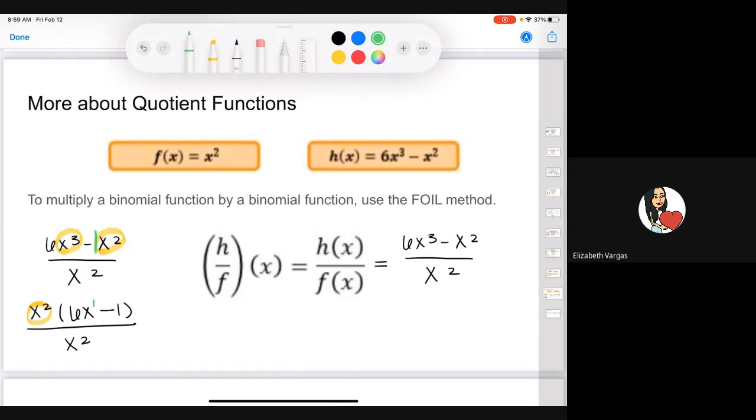But remember, that's not all I have to do. Whenever my operation tells me that I have to find when the bottom part, the denominator, is equal to 0. And in this instance, the denominator is equal to 0 when x is equal to 0, because 0 times 0 is 0.